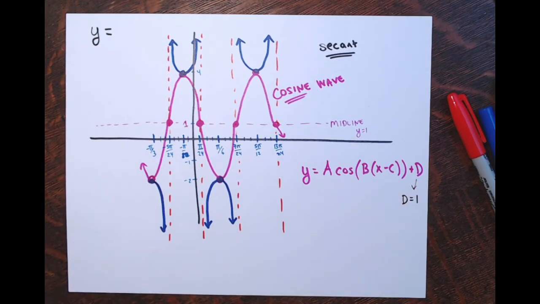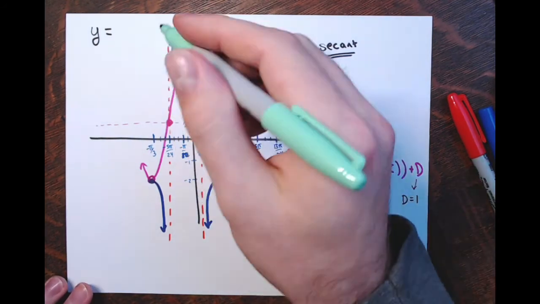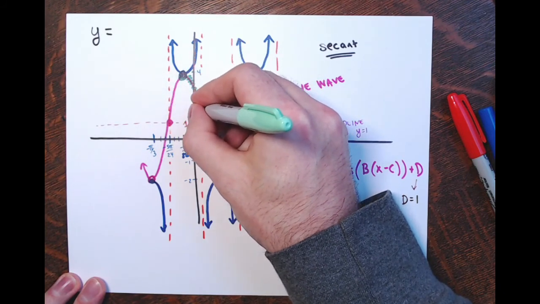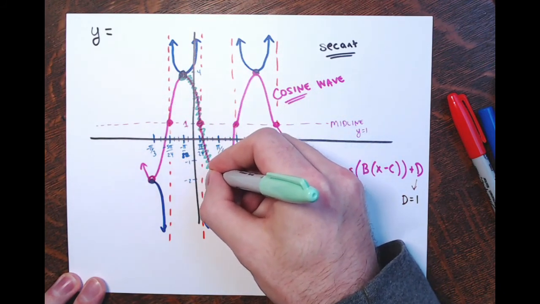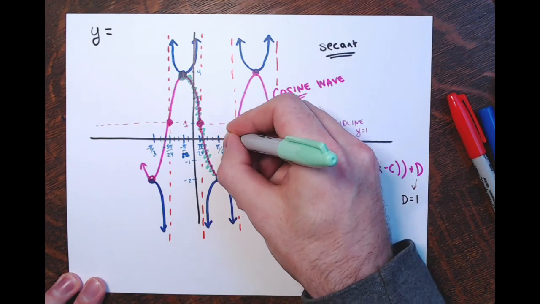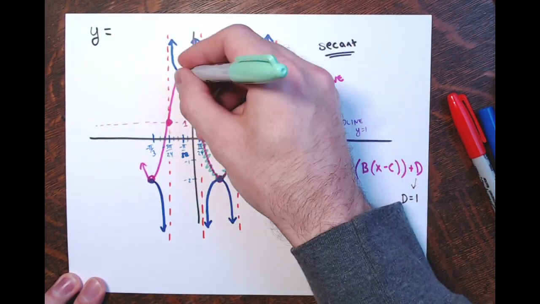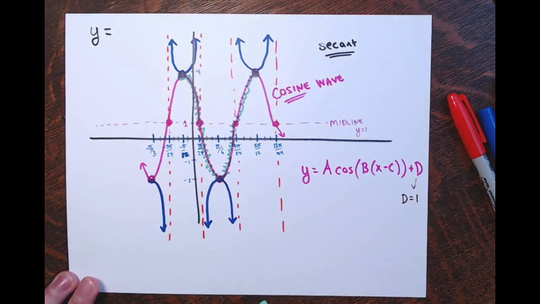Now let's take a look at a cycle. My normal y equals cosine x, the usual cosine, starts at the top of a hill. So I'm going to start it up here at the top of a hill, and then it goes down, then up, then down for the normal cosine. I'm going to look at this cycle right here. There's a full cycle of a cosine wave, down, then up, then down again.